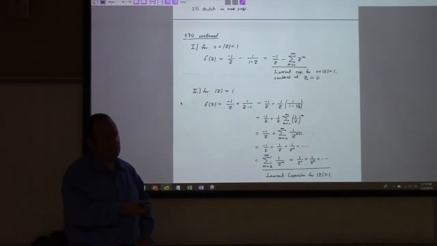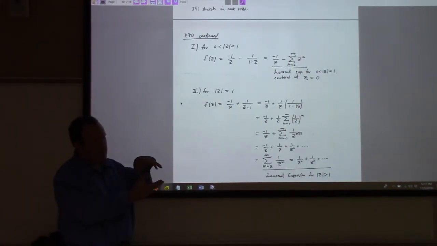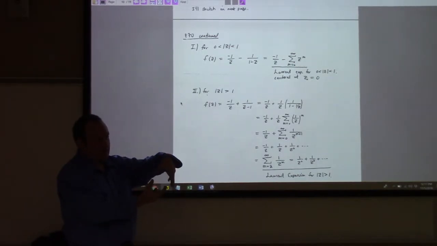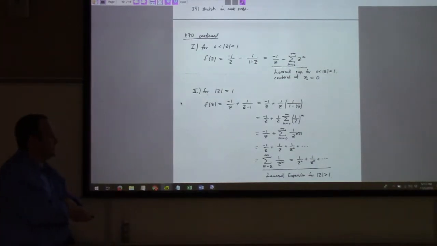These formulas can have meaning outside of the annulus where they converge to the given function, is my point. If you look at part of the Laurent series expansion, it'll converge out past the inside, and the other part will converge to the inside, right? So they have meaning past the annulus where they model the function, but they're most interesting, of course, on the annulus where they reproduce the function.